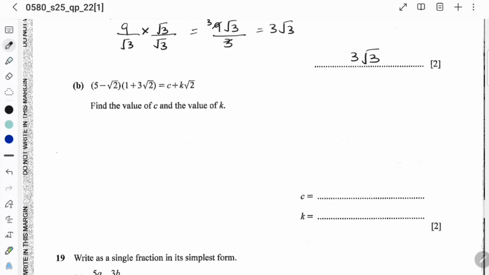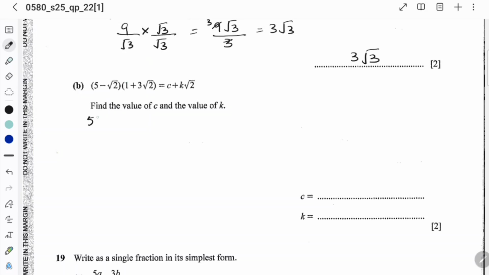Now the next question, part B, 5 minus square root 2 times 1 plus 3 square root 2 is equal to c plus k square root 2. Find the value of c and the value of k also. Alright, so just multiply first and then compare the other side, okay?